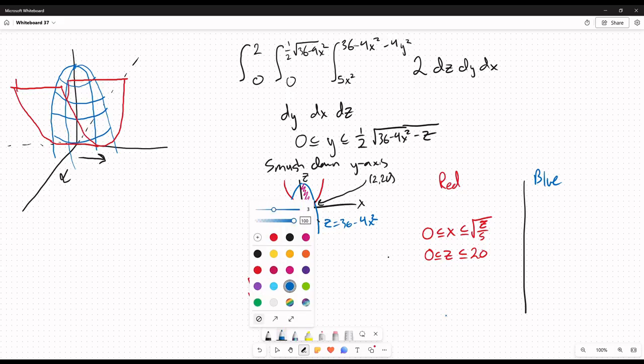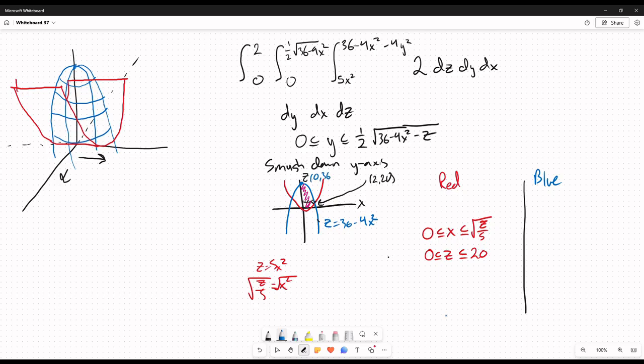The blue function, where's that going to? Well, we need to figure out what this point is, and hopefully that's not too bad. Just plug in 0 for x, and you'll see that this point is going to be 0, 36. So that tells us that when z is between 20 and 36, my x values are going to be between, okay, now I need to take this equation, z equals 36 minus 4x squared, and solve that for x.